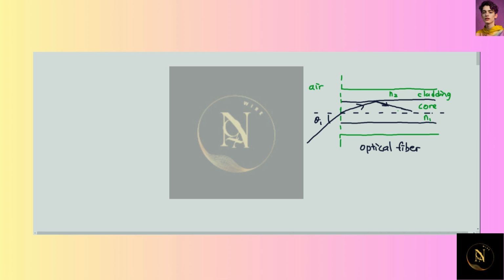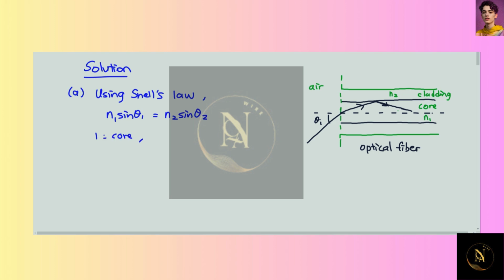This question is about total internal reflection and Snell's law. For part A, we want to find the critical angle at the core-cladding interface, so we'll be using Snell's law. Snell's law says that n1 sine theta 1 equals n2 sine theta 2, where 1 is the core and 2 is the cladding.